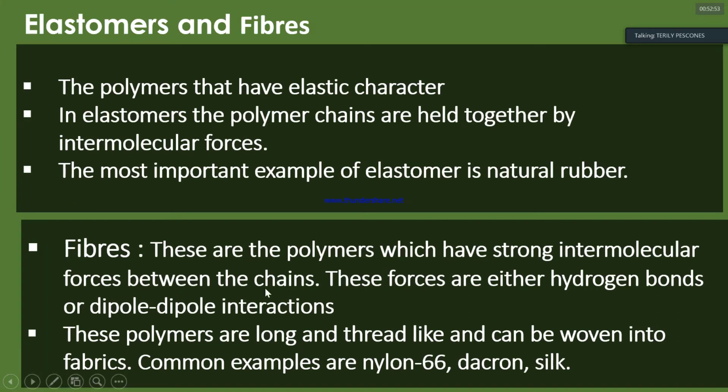These are the polymers which have strong intermolecular forces between the chains. Either hydrogen bonds or dipole-dipole interactions. Ito naman yung mga fibers. So, sa elastomers, we have rubber. Sa fibers, we have the silk. Dacron or silk. They can be woven into fabrics. So, yung mga fabrics natin are under fibers.